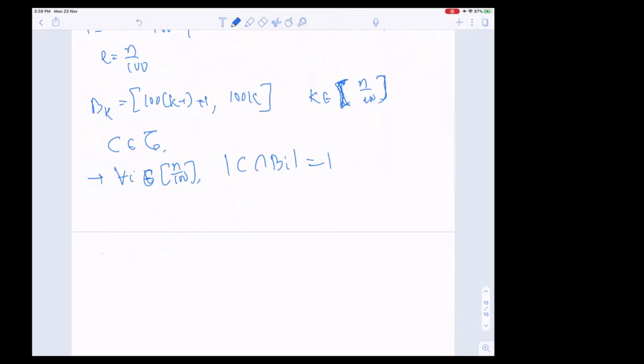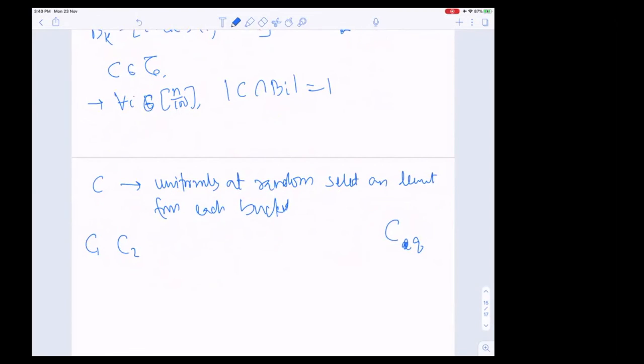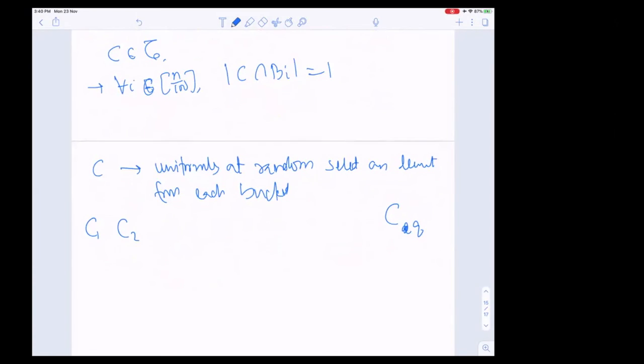I define a set C by uniformly at random selecting an element from each bucket. How many such C will we construct? We will construct C1, C2, up to CQ, and we will see how many we can do. So we construct Q such sets, where each set Ci is constructed by picking one element uniformly at random from each bucket.